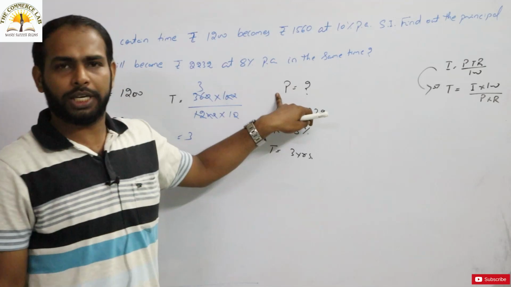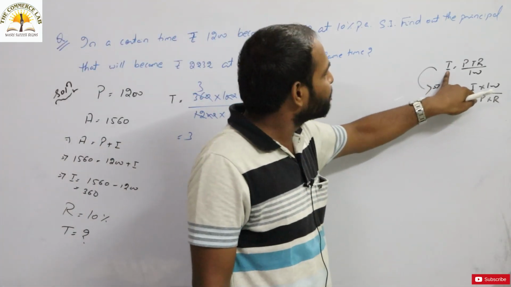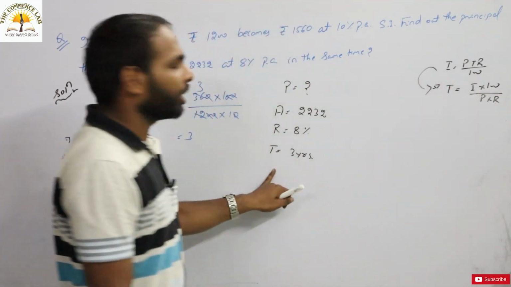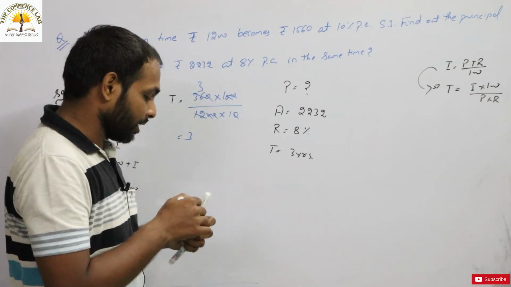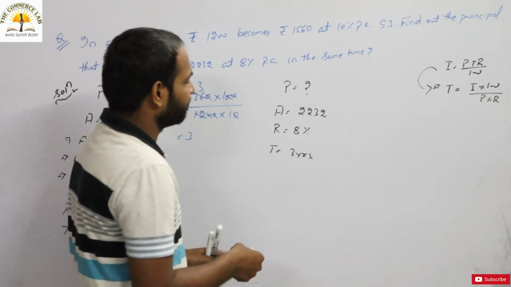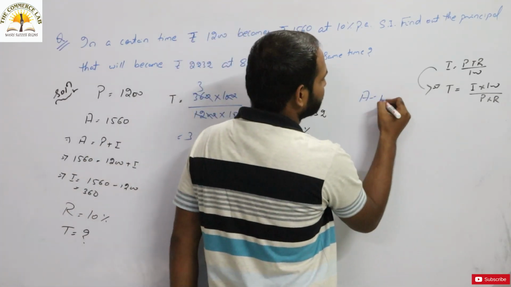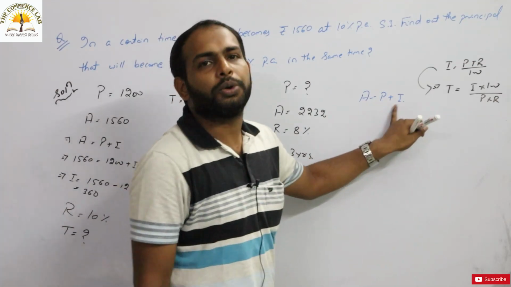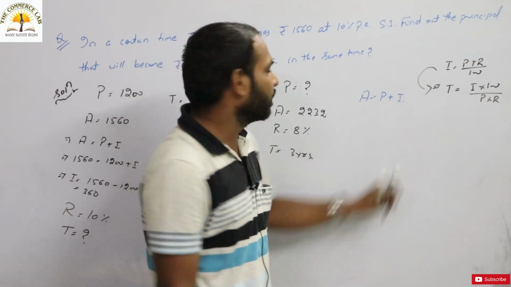So to find out P, I equal to PTR by 100. So P equal to I into 100 by R into T. But here I is not given. But we already know the formula A equal to P plus I. We don't know P, don't know I, but we have to calculate P, but I is not known.